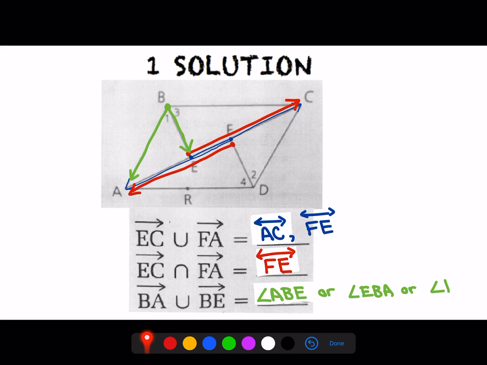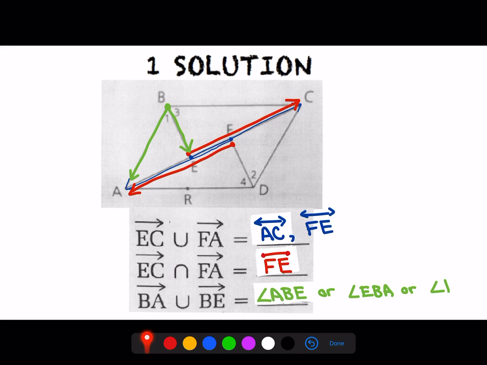Next, we have the intersection of ray EC and ray FA. So again, we're using these same exact rays once again, but this time we have an intersection, meaning where they cross over each other. So I did this one in red, again, same exact rays, but where's the crossover at?